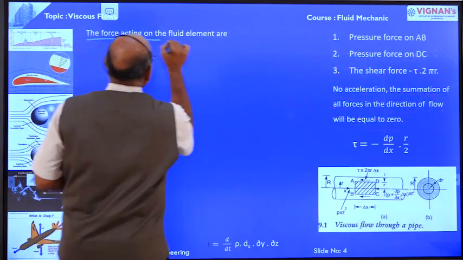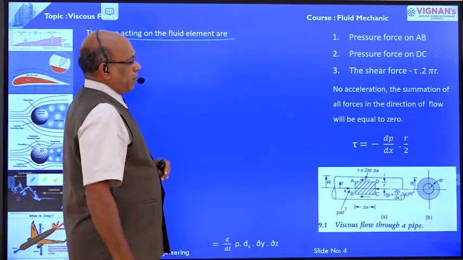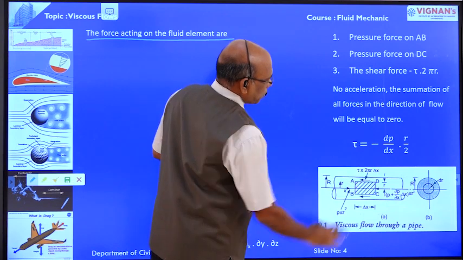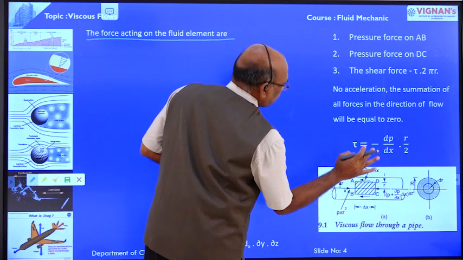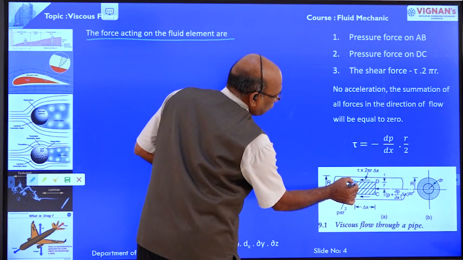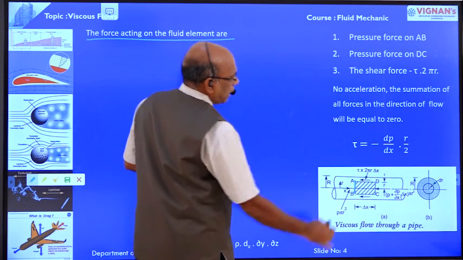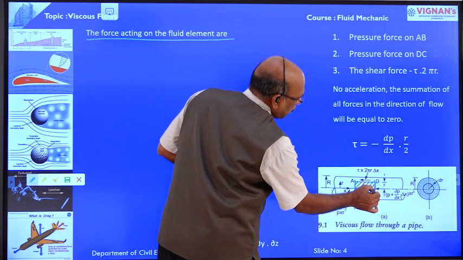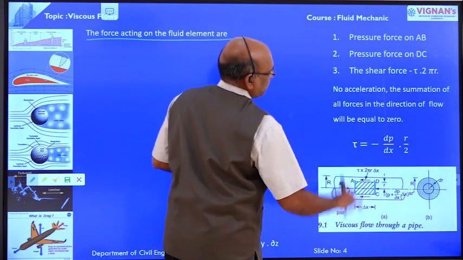Here, forces acting on the fluid element. This is the diagram. What are the forces acting on the fluid element? One is the pressure force on AB, another is the pressure force on DC, and the shear stress.